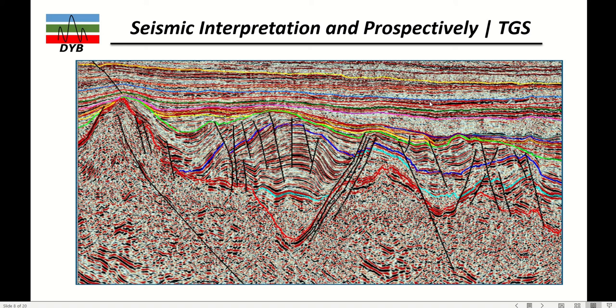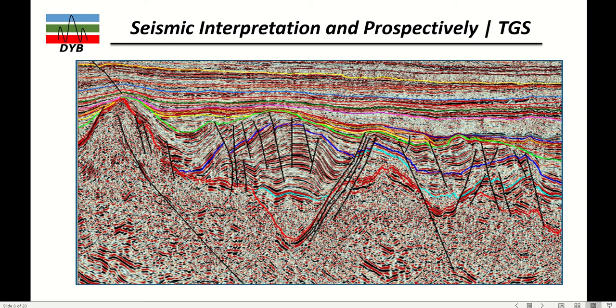If you're looking at the deeper part, you can see quite undulating surfaces, and then it is followed by faults and fractures. A lot of these are major faults, and you have small faults. Then you have the igneous intrusion, which is mostly this one.